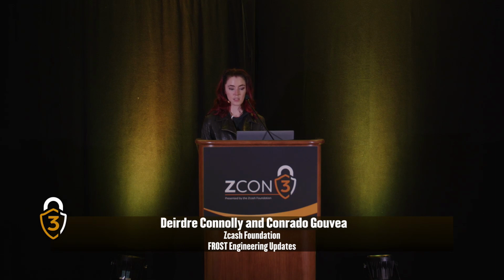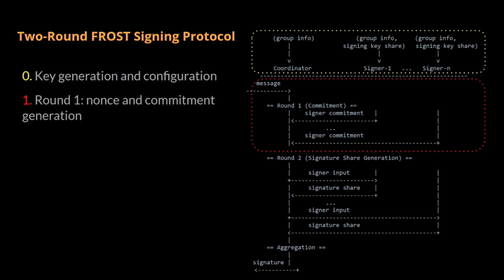Once you have keys, a coordinator will send out an update to all possible signers, and the signing participants in this protocol will create nonces and keep them secret, and generate commitments to those nonces and send them out to the coordinator and their other parties.